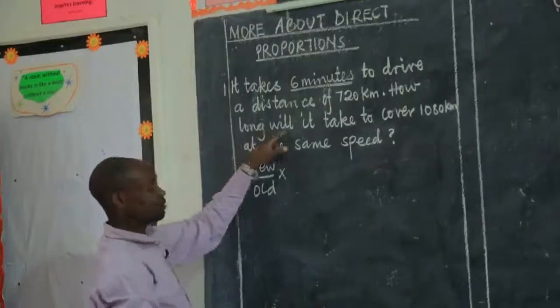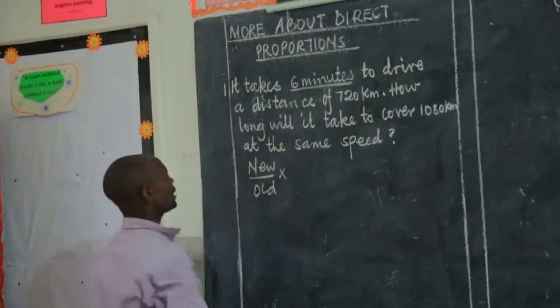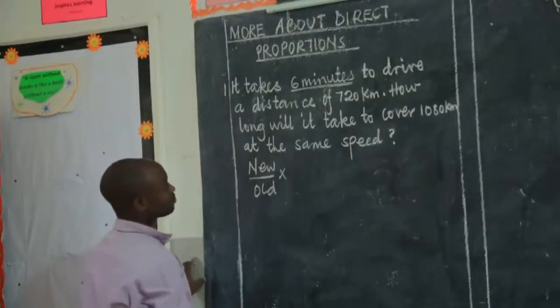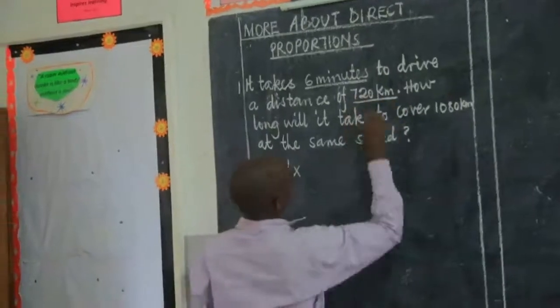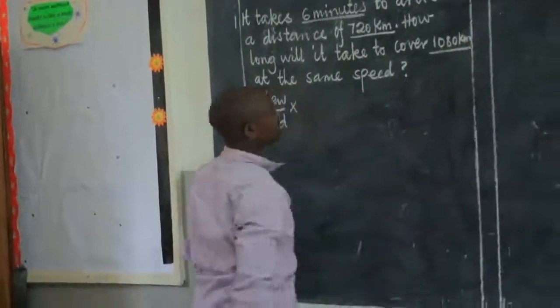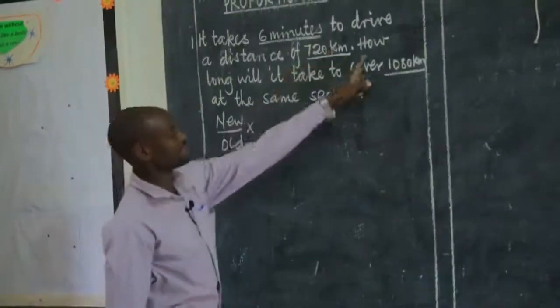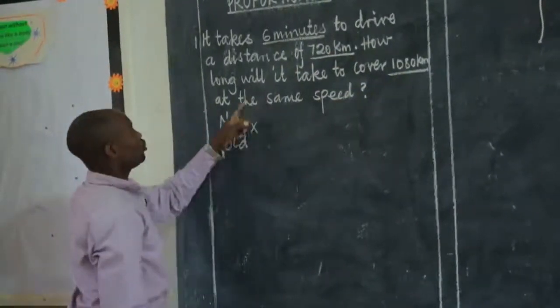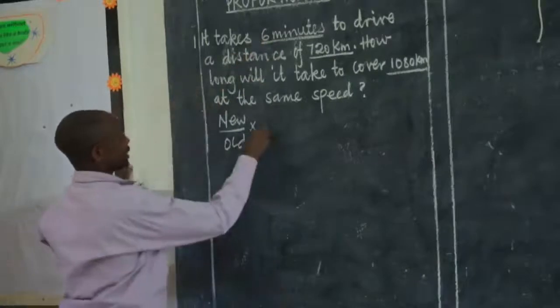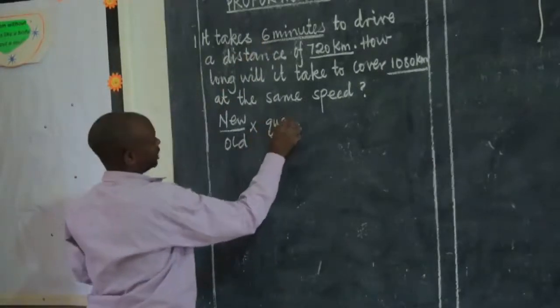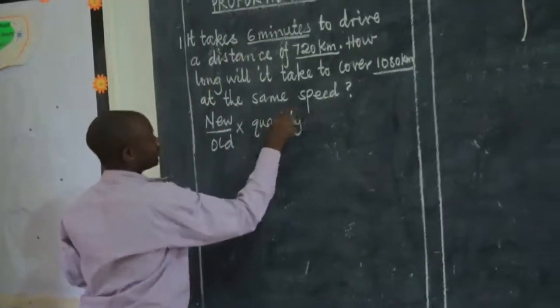Now we are saying how long. When we say how long, what do we want? It means we want time. We have distance. We have also this distance. So which one is given twice? Distance, distance. So what should I call this one? Times quantity. Maybe we can call it quantity in terms of time.